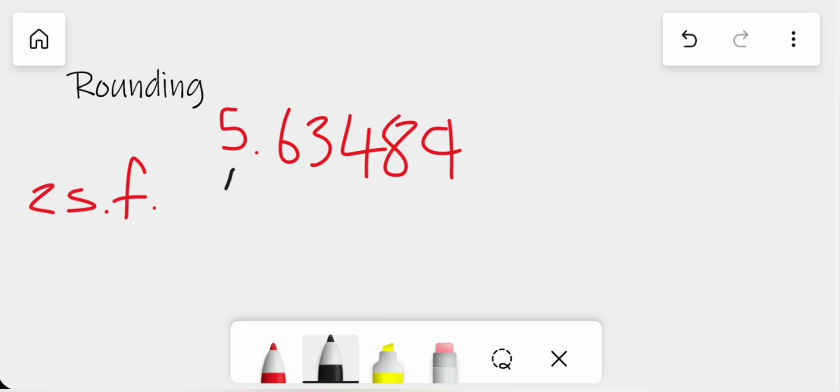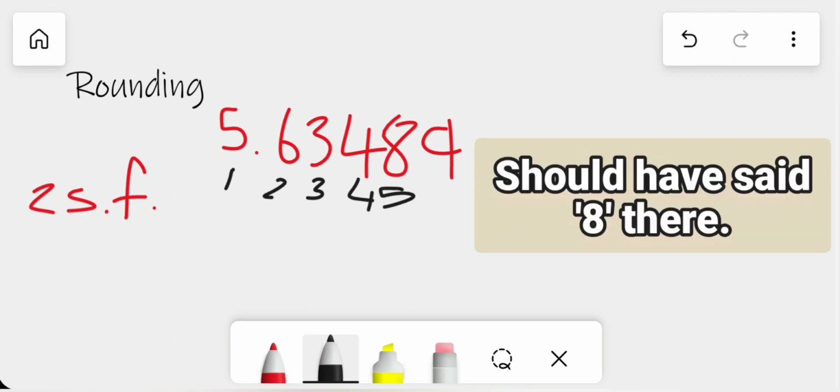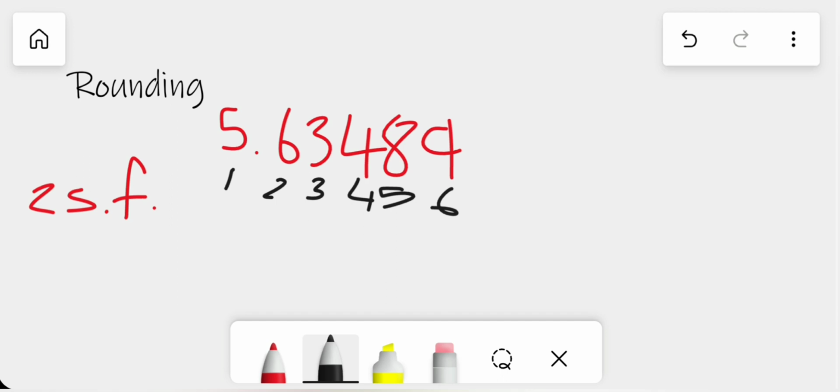So the first one will be the 5, then the 6, which is the second, the 3, then the 4, then the 8, and then the 9. So we have 6 significant figures in total. But what are we rounding to? 2 significant figures. So we're only interested in this 6. This 6 is the one that we're interested in.